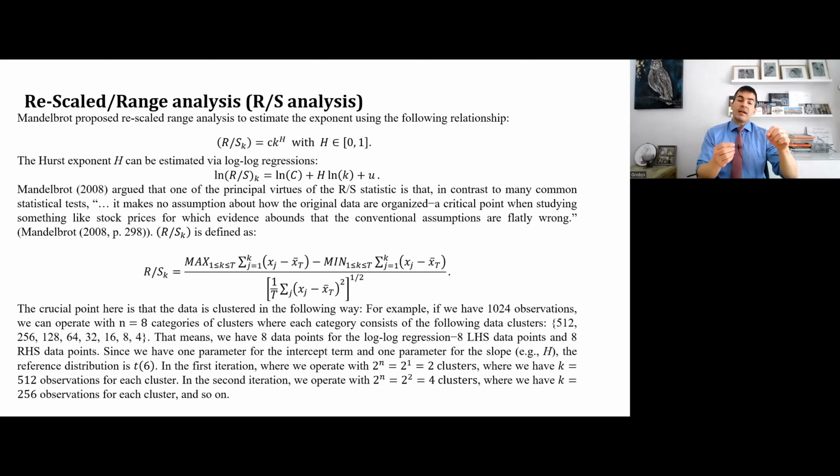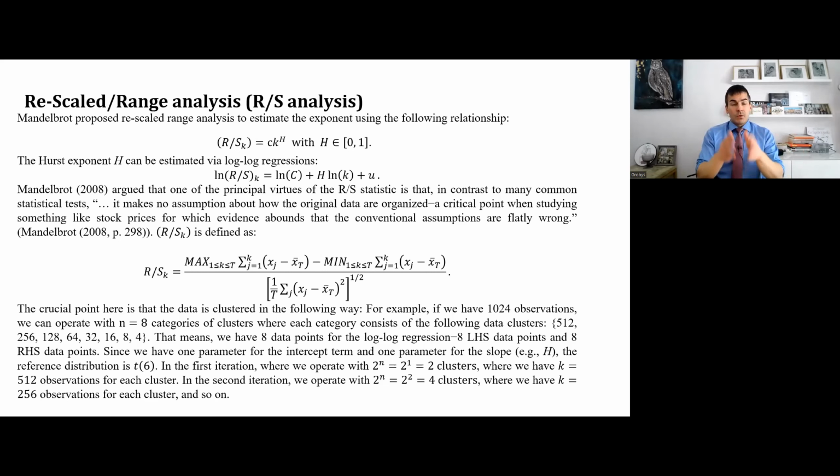We take the compounded sum of the returns. Then we take the maximum minus the minimum. And we do this for each cluster given a cluster group K, and then take the average across all clusters. In the denominator, this is simply the standard deviation. So we have to standardize the data for each cluster, in each given cluster group.